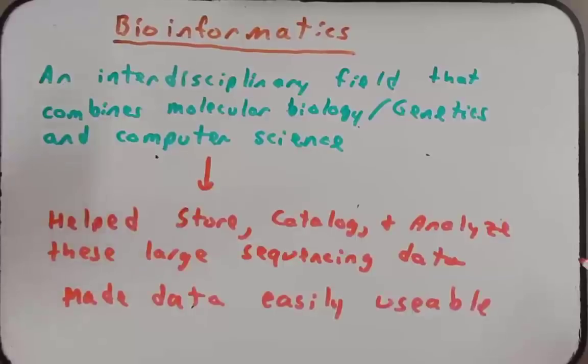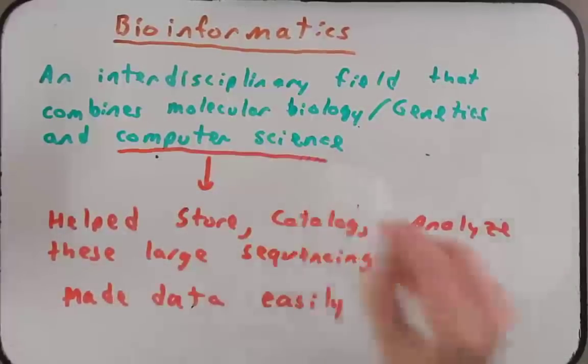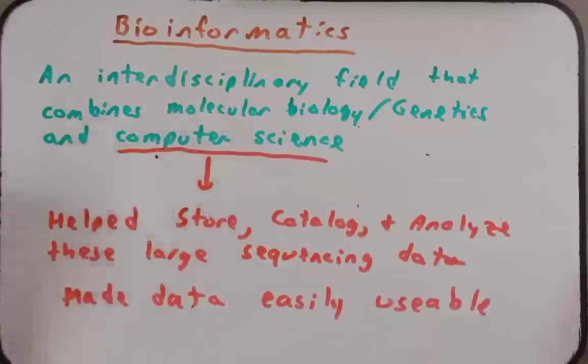So someone like myself, who doesn't have a really strong background in computer science, can go to websites and obtain data easily about genes I'm studying. What maybe took a molecular biologist years to accomplish, we can now accomplish in an afternoon because of what bioinformaticists have done to help this field of genomics.